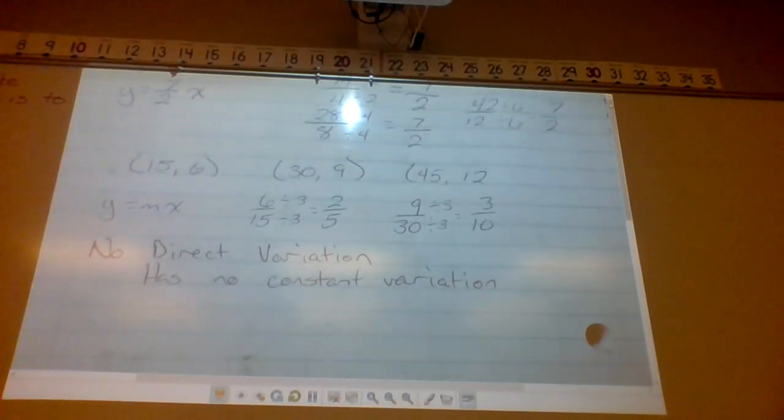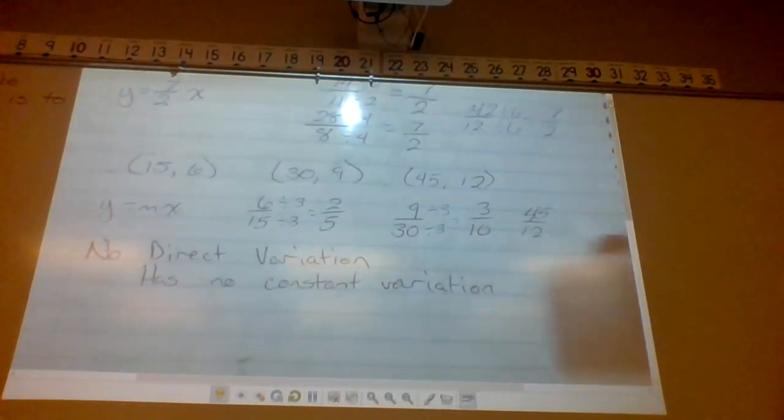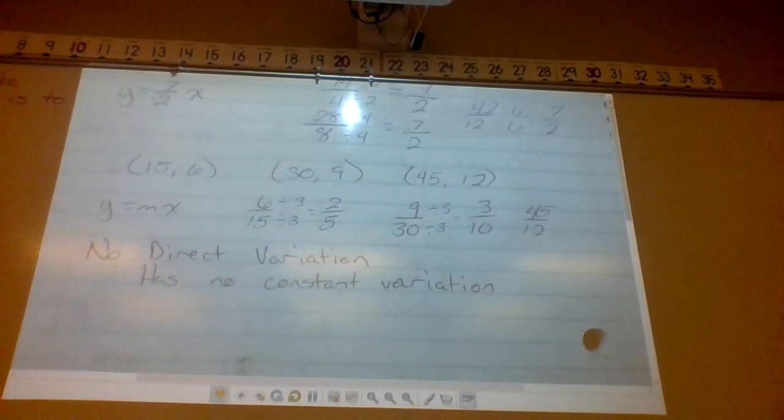Because if you were to take 45 and 12, what can go into 45 and 12? Try it again.